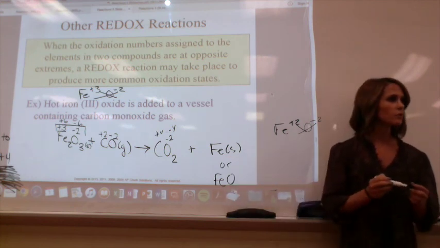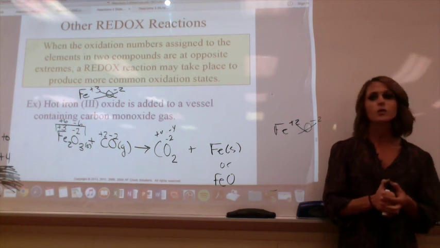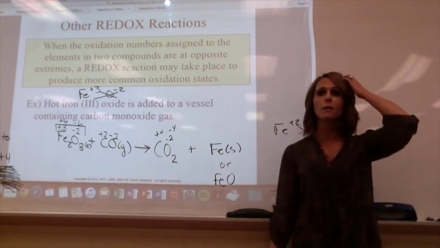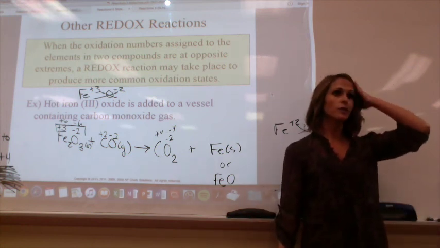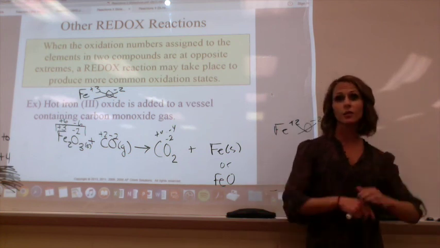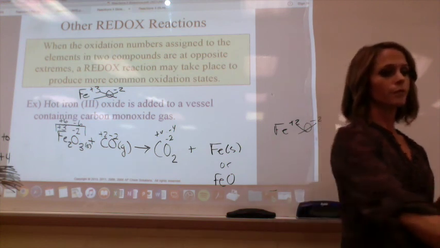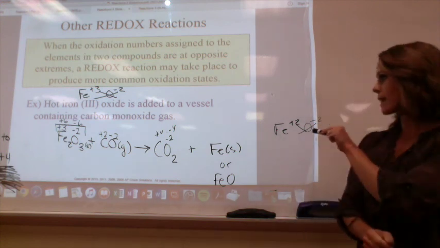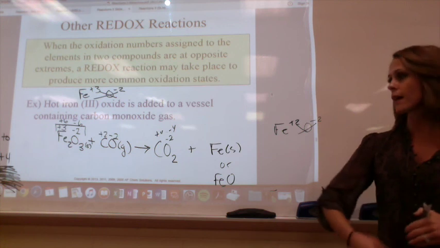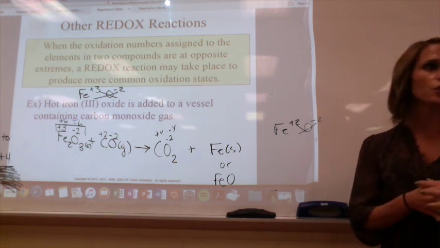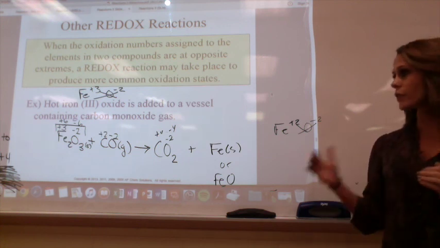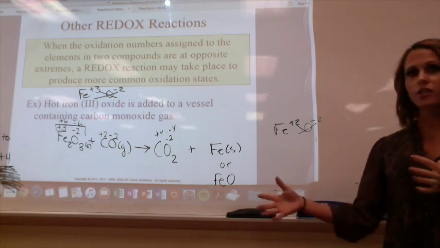It's up to you. You can make it go to either state, which is why earlier today when I was lecturing, you can make your copper +2 go to copper +1 or 0. It's up to you. So now you have to balance. Whichever one you chose, you have to balance for atoms and for charge. So you could write out your half reactions and check your electrons.